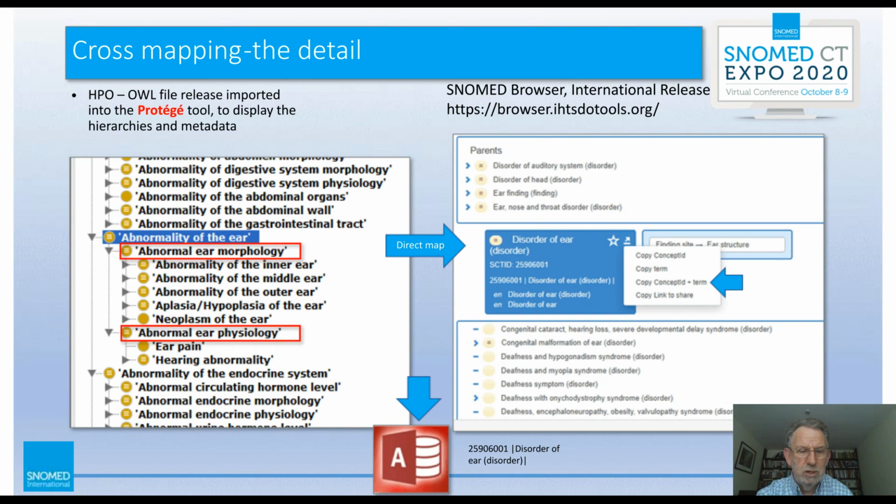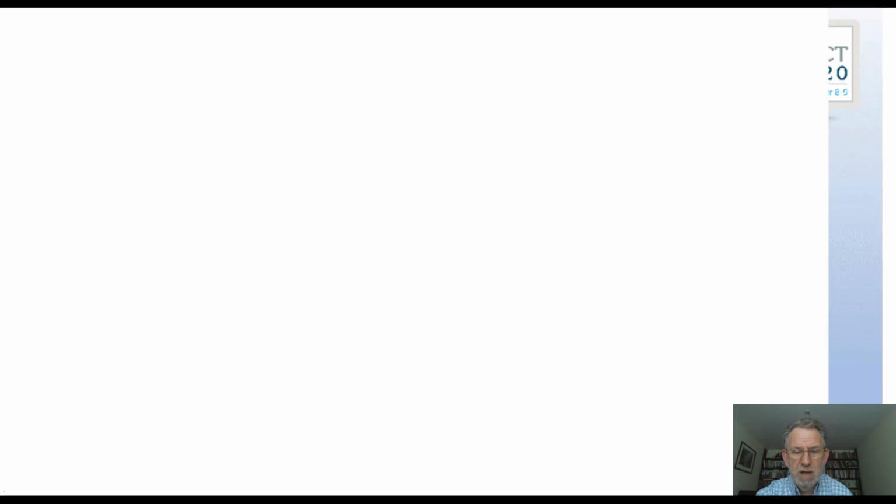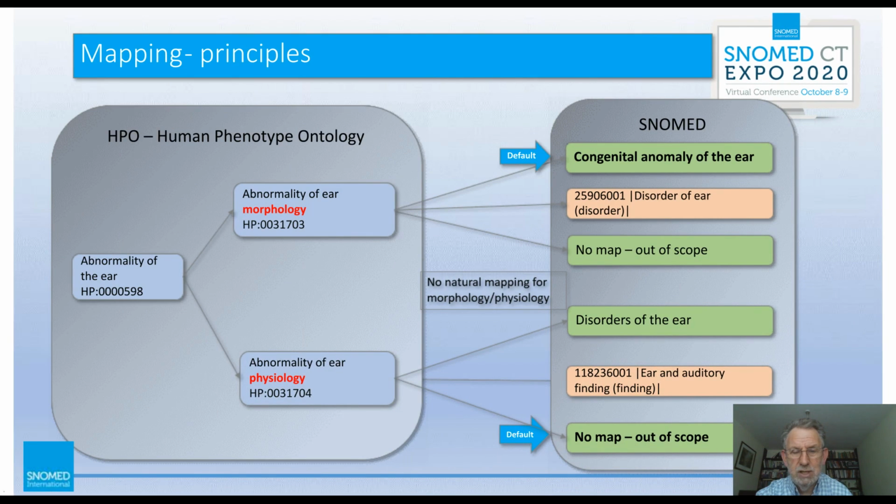We can see that, for example, we can map abnormality of the ear quite easily to disorder of the ear, and then click and get a concept and definition, and we manage the results. I manage the results in an Access database, but also see that the subtypes of abnormality of the ear are morphology and physiology, and this does give a bit of a problem in terms of cross-mapping, which we'll discuss in the next slide.